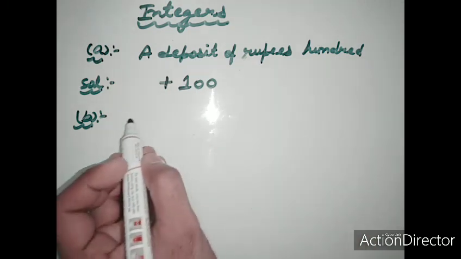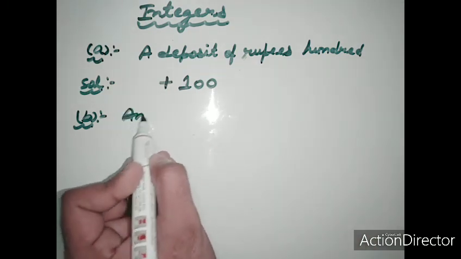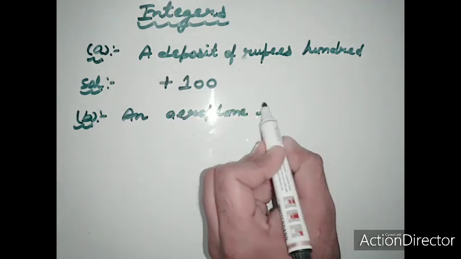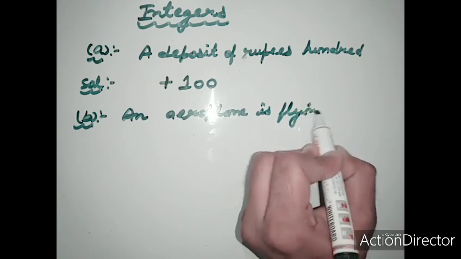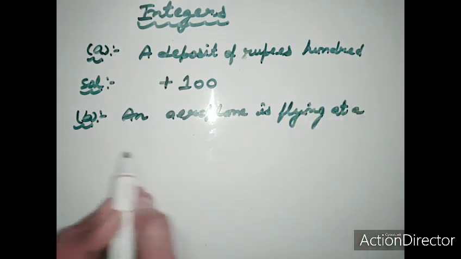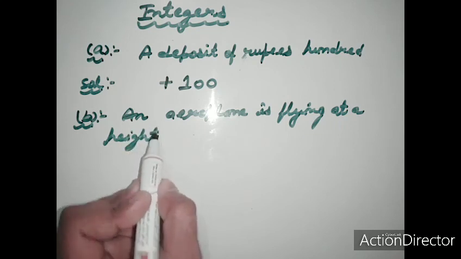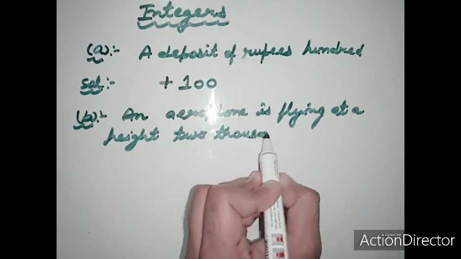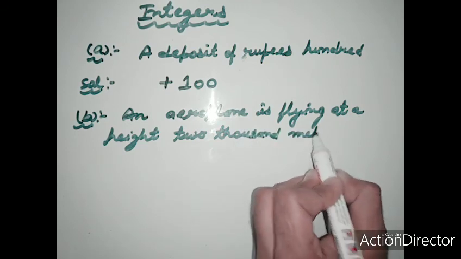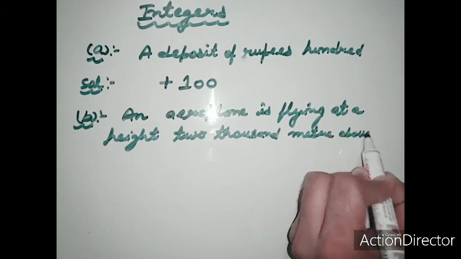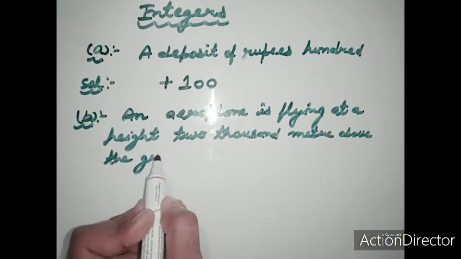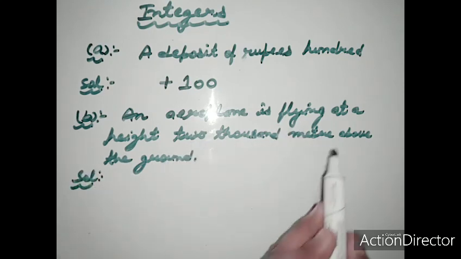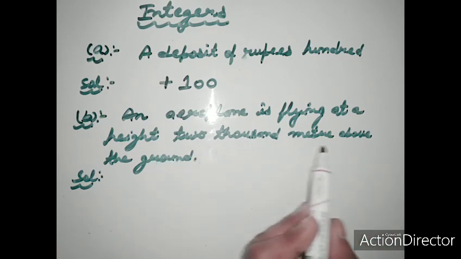Now an aeroplane is flying at a height of 2000 meters above the ground.